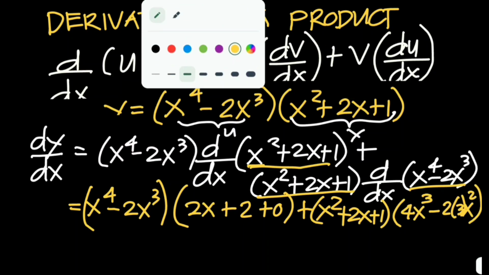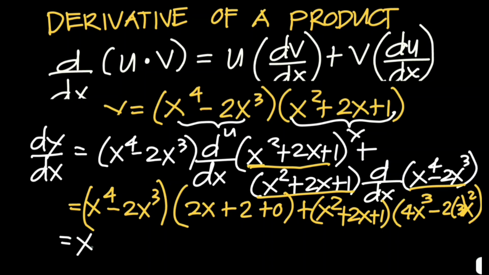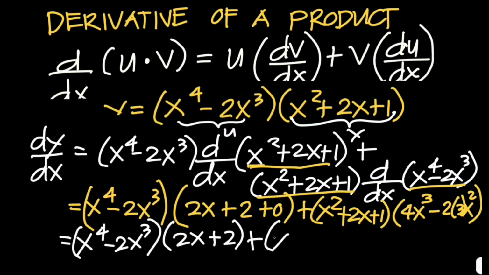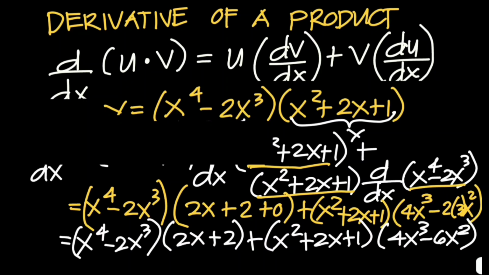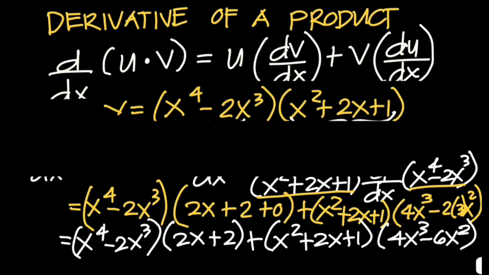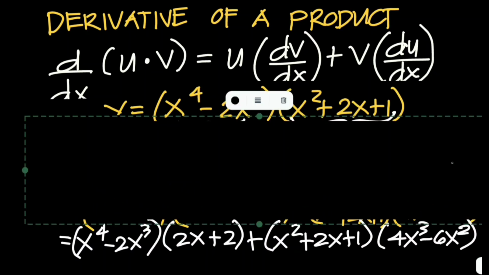So we just simplify this. And we have x to the fourth minus 2x cubed times 2x plus 2, plus x squared plus 2x plus 1 times 4x cubed minus 6x squared. Then we further simplify.